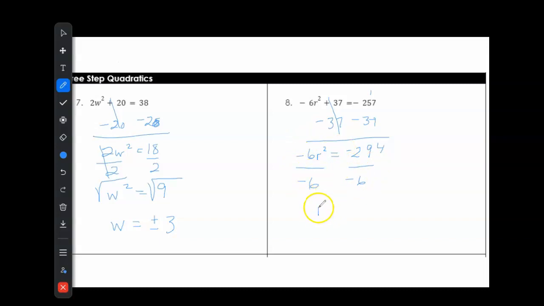So r squared equals, well, negative divided by negative makes positive, 49. Square root of both sides, r equals the square root of 49. We know the square root of 49 is 7, so plus or minus 7.